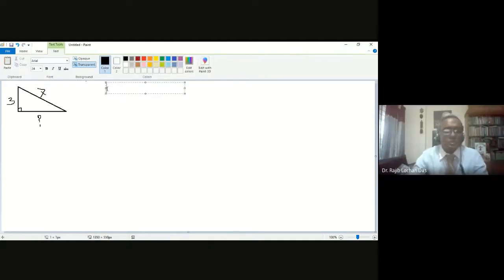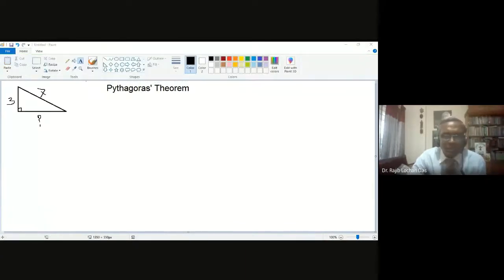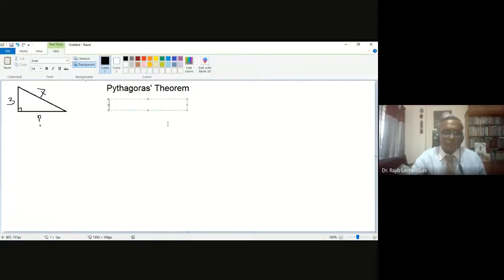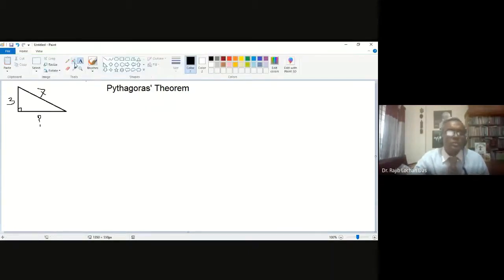So the Pythagoras theorem says that you have the hypotenuse square. Let me write it by hand.